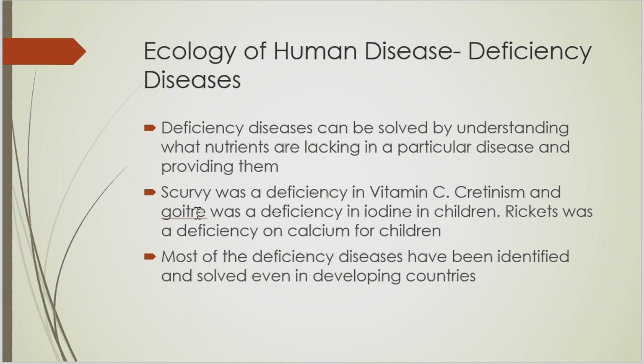Quite often the nutrients are available in the country, but the people are simply too poor to afford them. So, for instance, somebody living in the slums of India, which is effectively a middle-income country, won't be able to get milk for calcium and iodine, and so their children may be susceptible to rickets or to goiter.